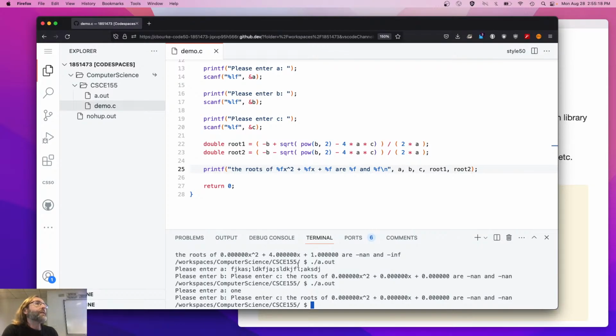Interactive input is very, very error prone, especially when you have PEBCAC users. So PEBCAC, what is that? Problem exists between the keyboard and the chair. So you have a user here that you ask to please enter a number, and if they refuse to give you a number, there's not much you can do.